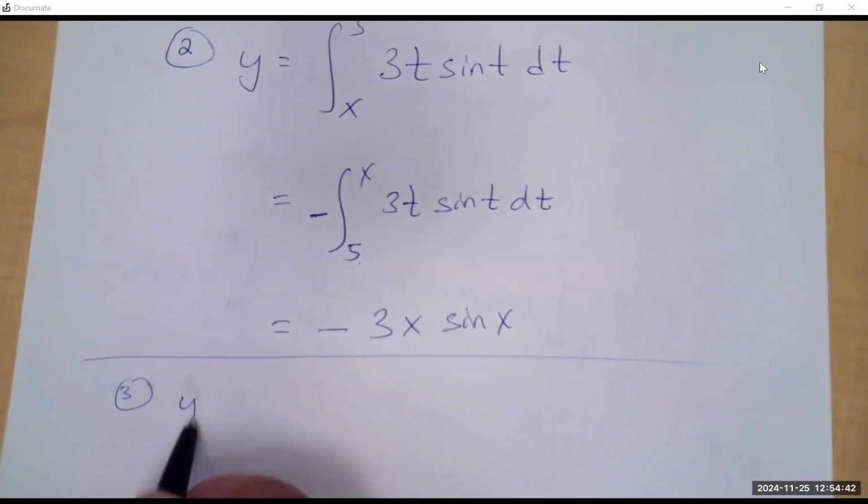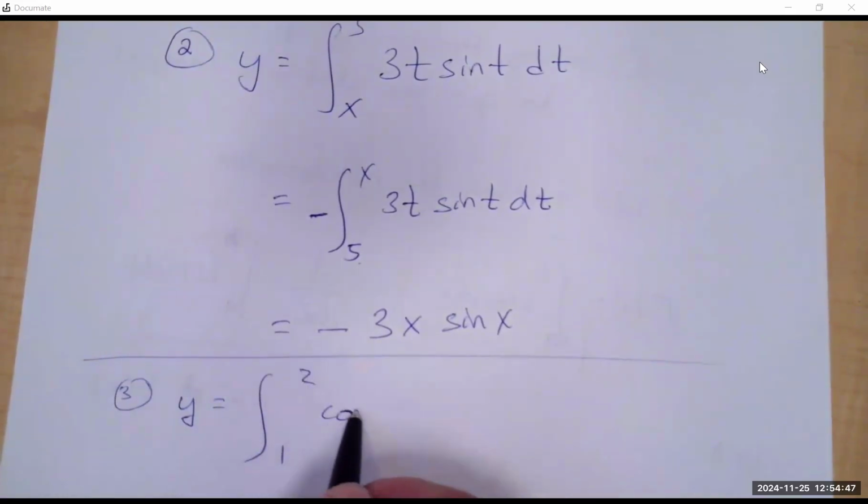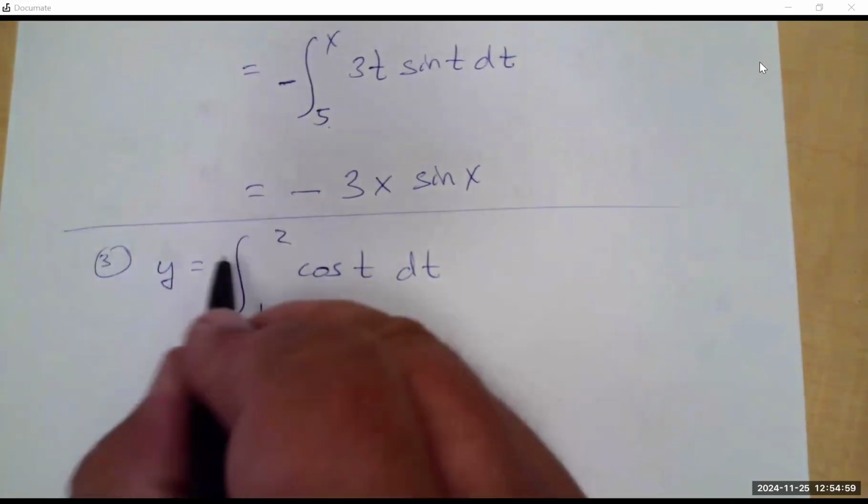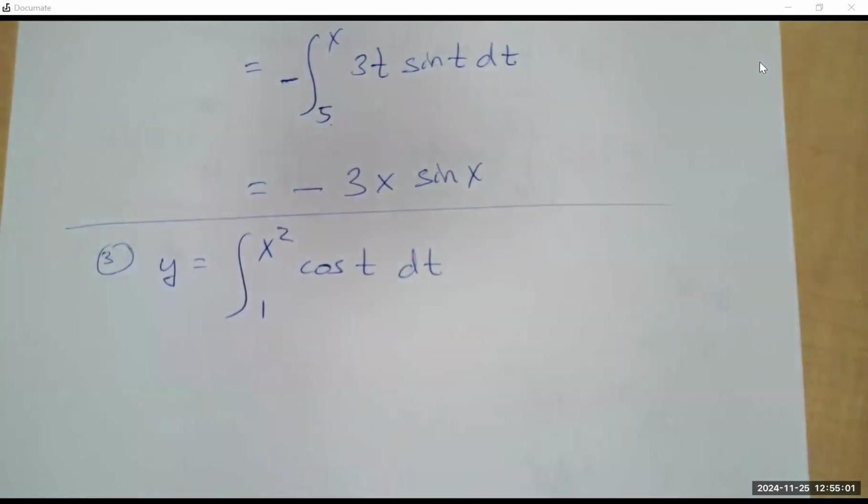And third one, y equals the integral from 1 to x squared of cosine t dt. Oop, that's x squared. So there's a problem here. What do we notice?